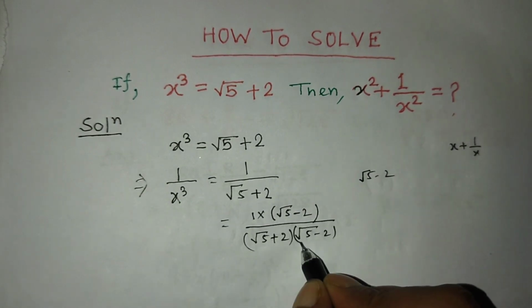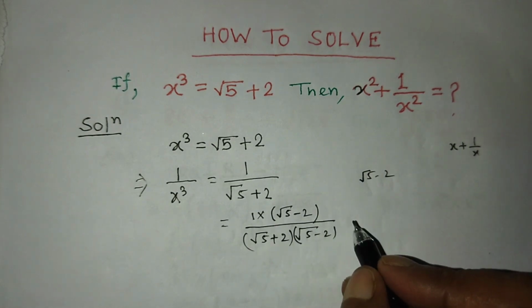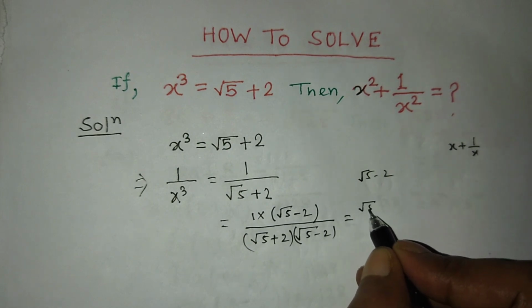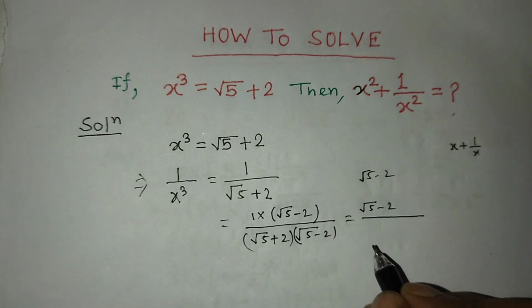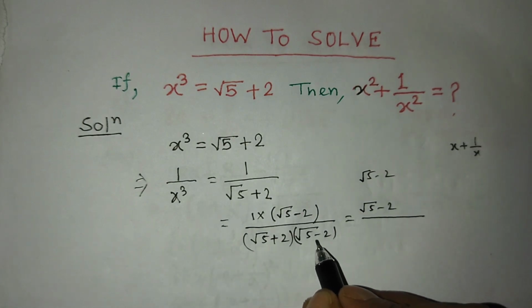Okay students. So my dear student, after that, in the place of numerator we write again root 5 minus 2, divided by root 5 plus 2 into root 5 minus 2.